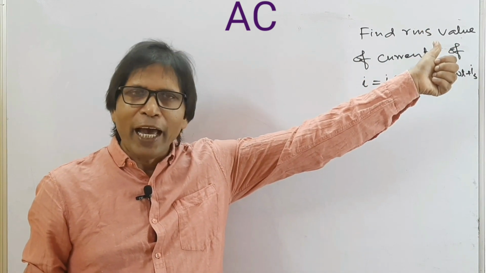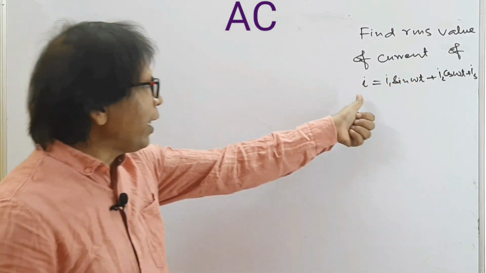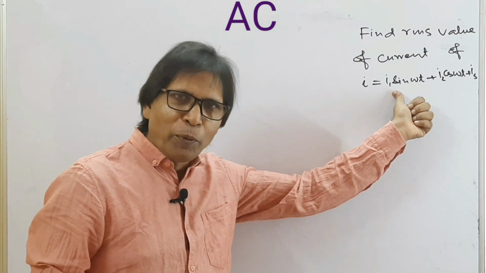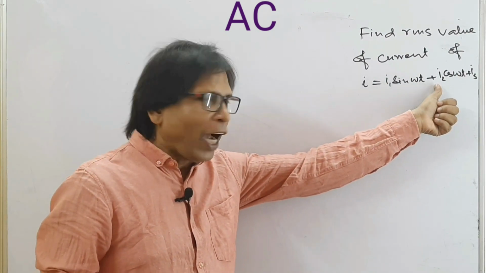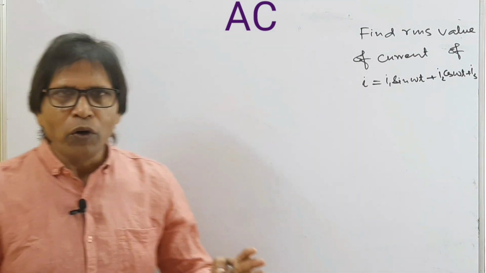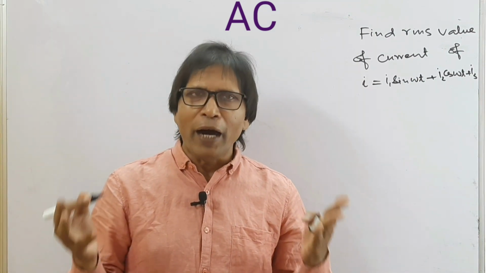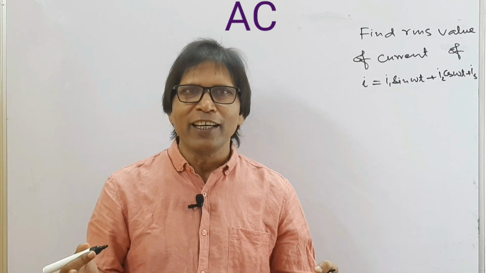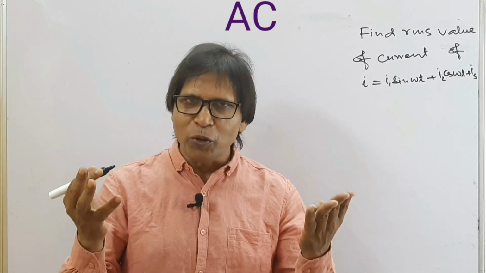Find the RMS value of current I equal to I1 sin omega t plus I2 cos omega t plus I3. Now we know the RMS value of I naught sin omega t is I naught by root 2.